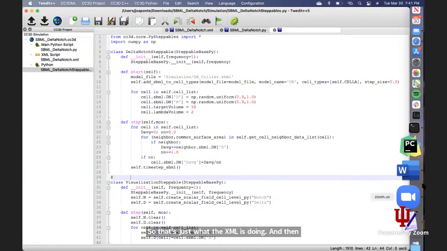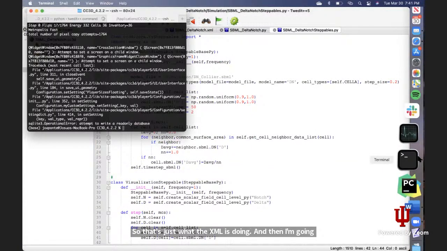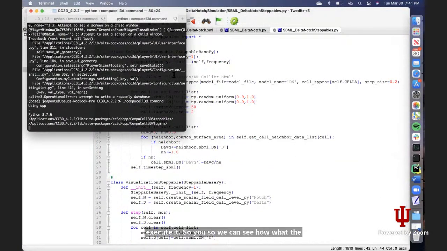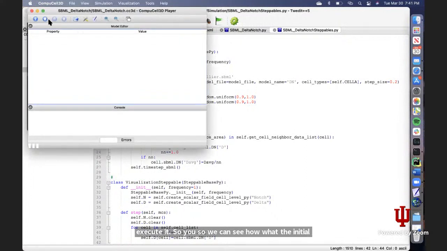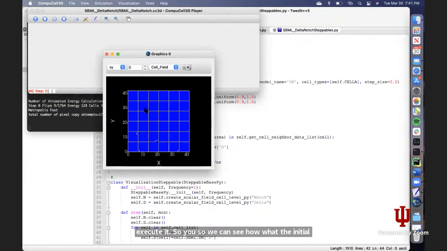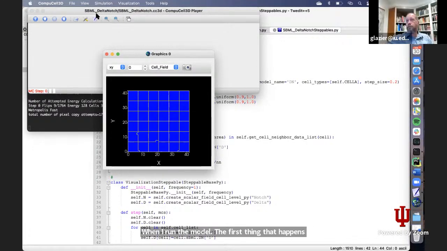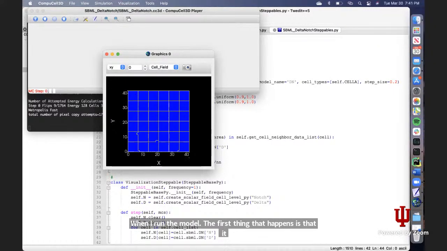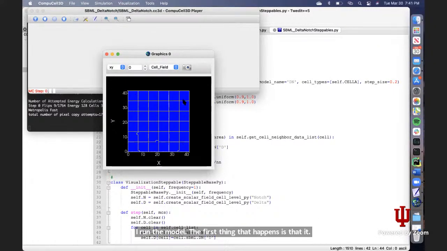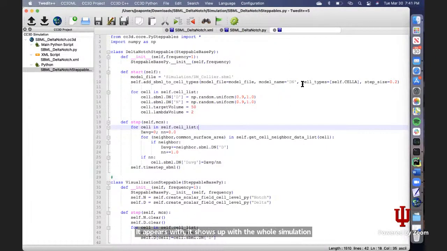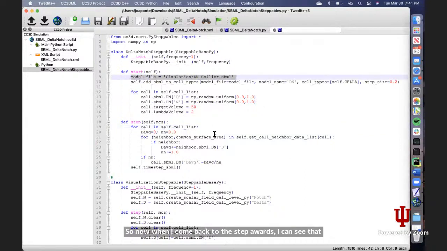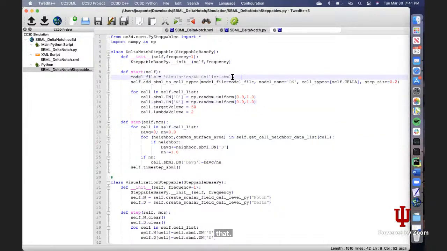And then I'm going to execute it so we can see what the initial configuration is, and then I'll come back to the step function. When I run the model, the first thing that happens is that it shows up with the whole simulation domain filled up by cells, right? Now when I come back to the steppables, I can see that the model is being loaded.